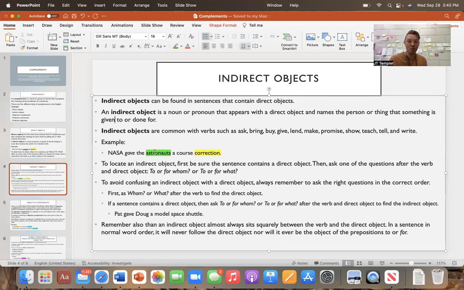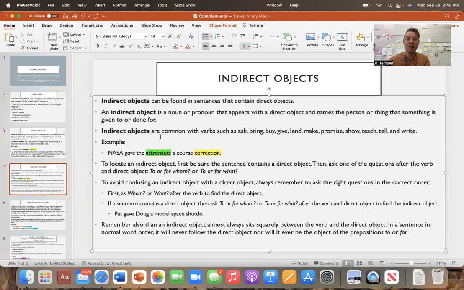That is different than direct, right? A direct object is the who or what receiving the action. What is the action being done to? Indirect is who's receiving it.